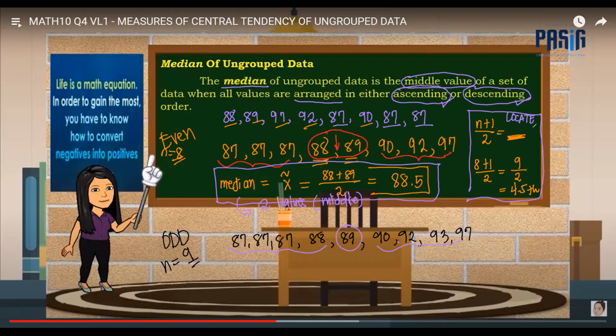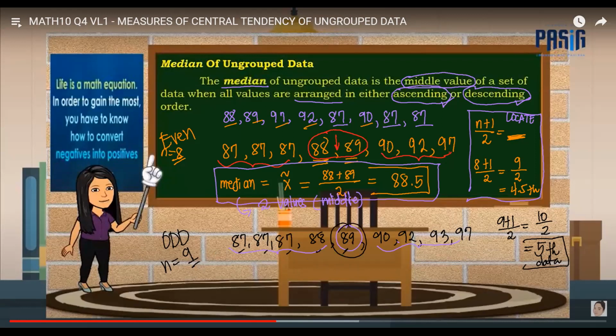Pero kung ilolocate nyo siya, that is 9 plus 1 divided by 2, which is 10 divided by 2 equals 5. Ibig sabihin, pang 5th data natin ay yung middle value. 1, 2, 3, 4, 5. So ito po yung middle value natin, which is 89.